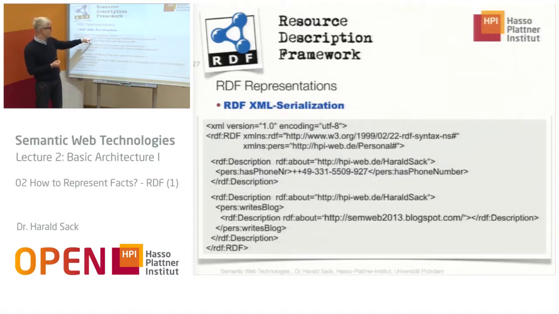First, for the RDF namespace, so you don't have to repeat it for your RDF markup tags, and then you have here, for example, a personal namespace, and here you are referring to these namespaces again and again. And then here, for example, you are talking about a subject about me. You encode this in RDF about, and then I can say I have a phone number. You state this phone number here between these markup tags, and you make an RDF description, and this describes again a triple. So it's a little bit more complicated.